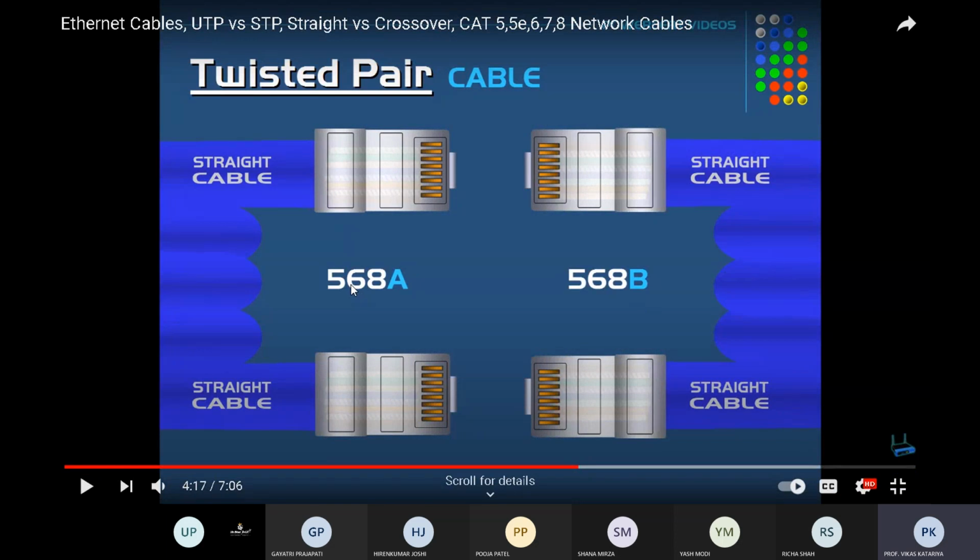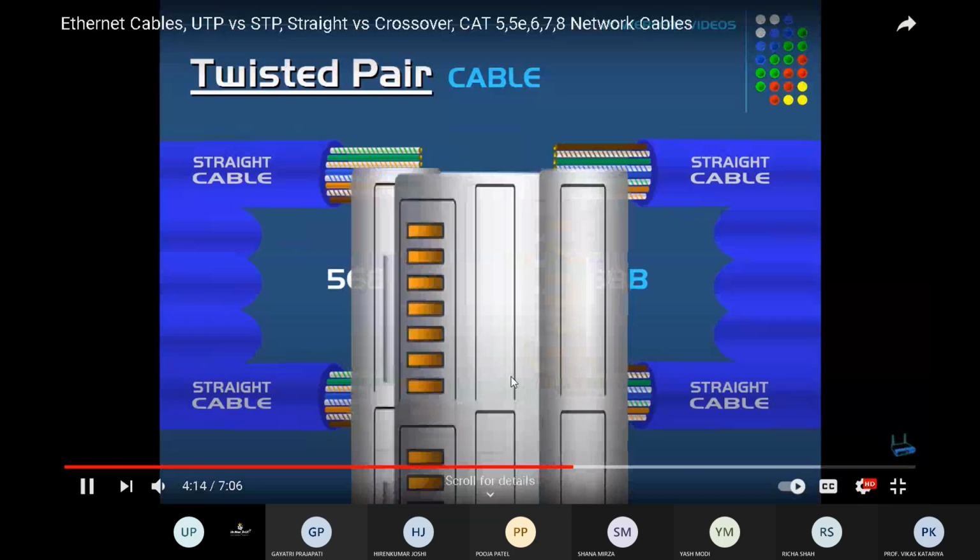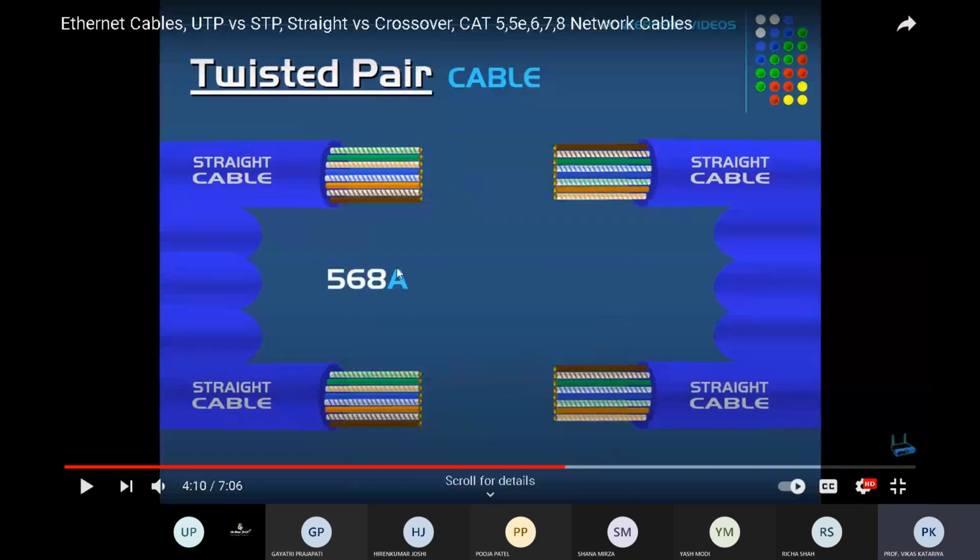Suppose you use a 568A standard cable, then both ends should be the same. Now this is very important. The first wire at one end and the very first wire at the second end should be the same.